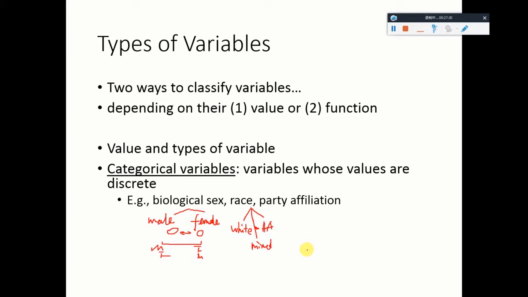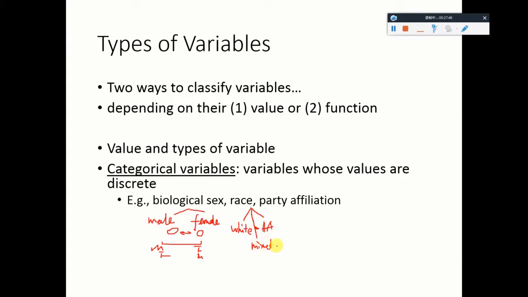But still, once we have this person, half white, half African American, there are still separate categories of people, right?